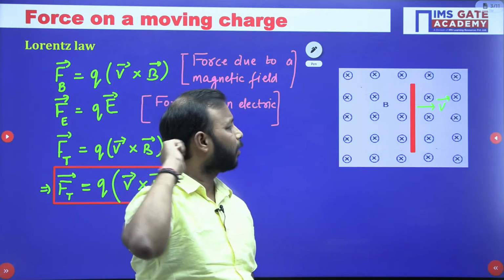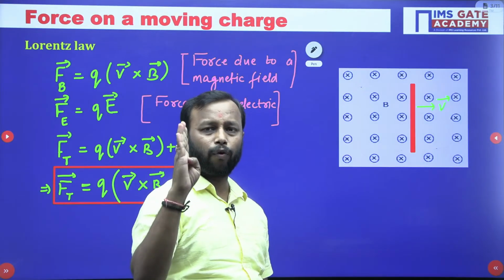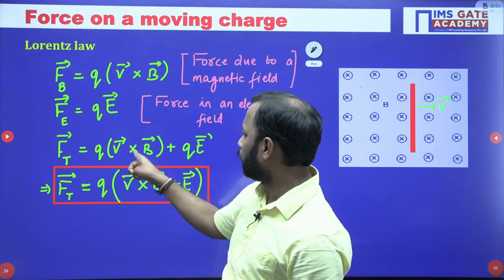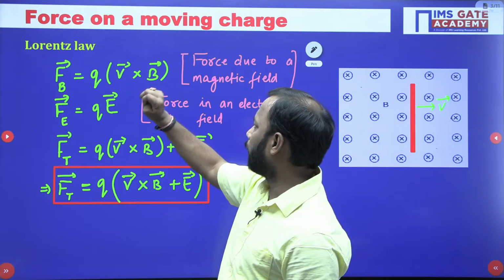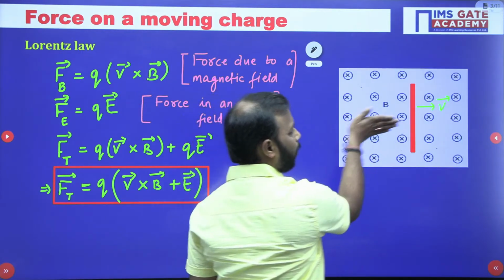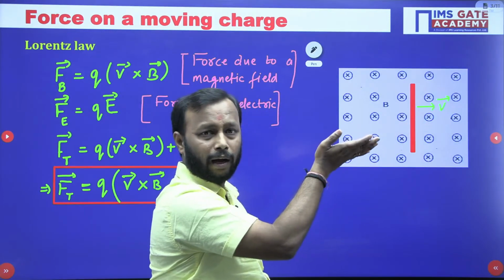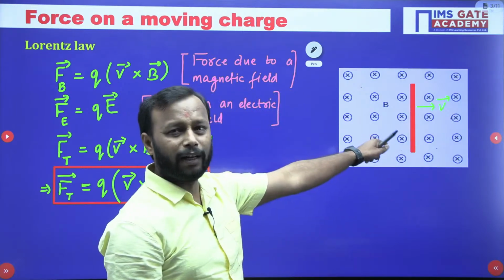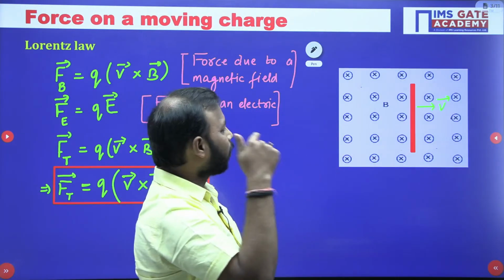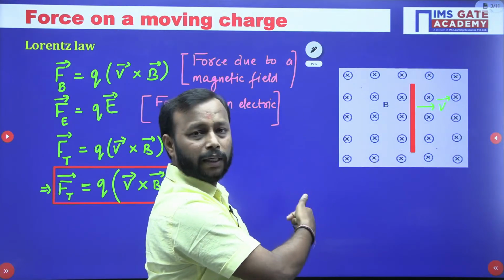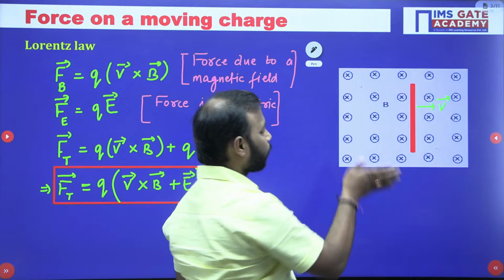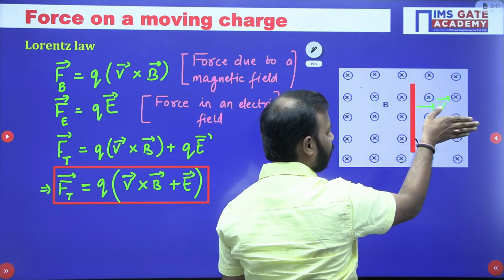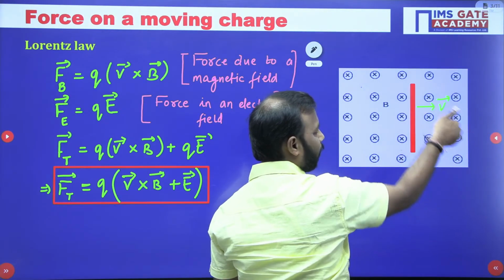Stretch your right hand and point your 4 fingers in the direction of velocity of the conductor, because it is V cross B. So V cross B is placed in the direction of velocity of the conductor, which is here. And this magnetic field is inside because you are seeing the cross. Cross means it is into the board. Dot means it is outside of the board. So point your 4 fingers in the direction of velocity of the conductor, and the magnetic field is inside.